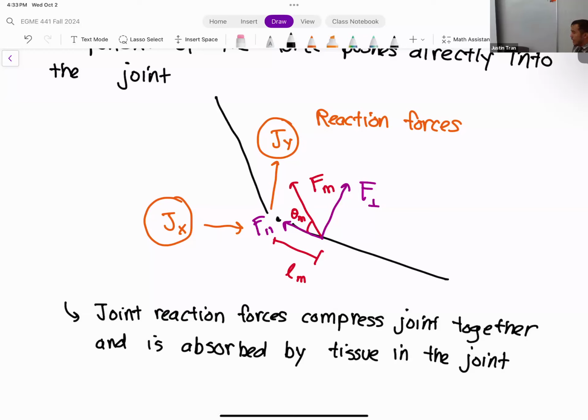So that phenomenon hasn't really been relevant to anything we've talked about so far, because for the most part, in all the joints in the lower extremity and the upper extremity, there's not that much danger for compressive injury. But there is such a danger in the spine.